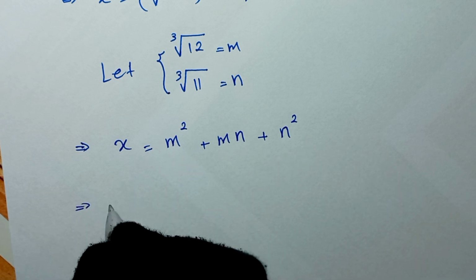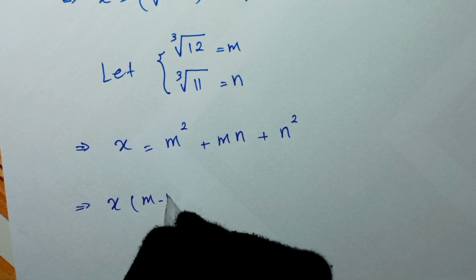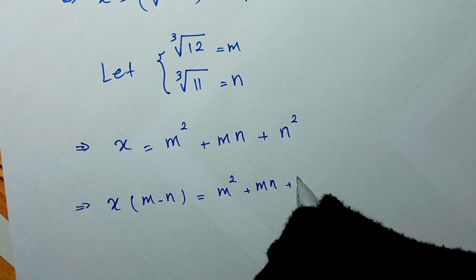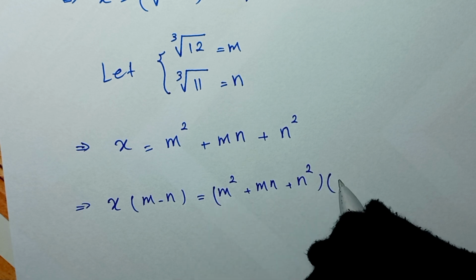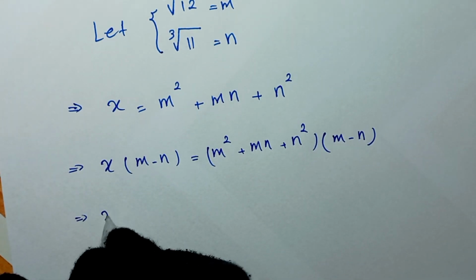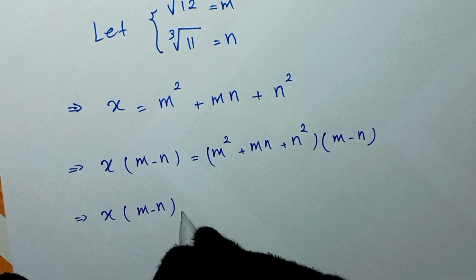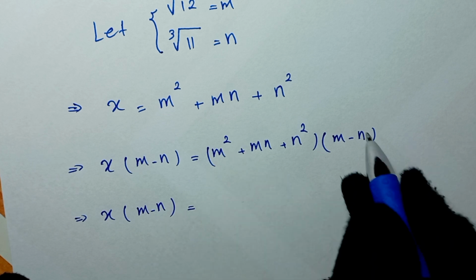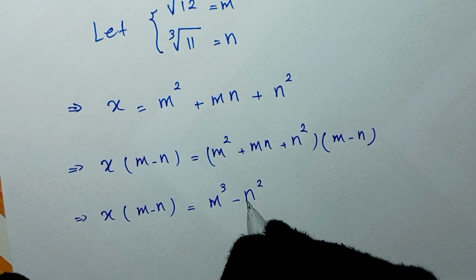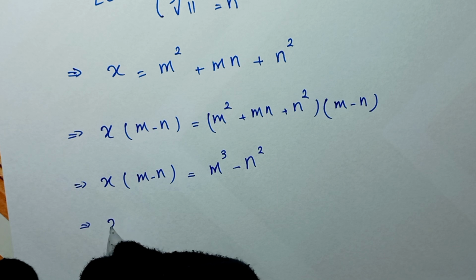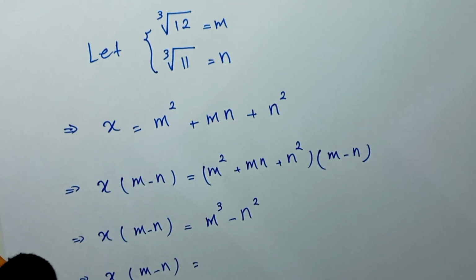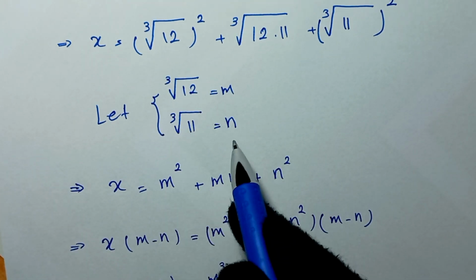So x times m minus n is equal to m squared plus mn plus n squared times m minus n, and it will be x times m minus n is equal to m cube minus n cube, right, and x times m minus n is equal to m cube, it will be 12, right, and n cube, it will be 11.